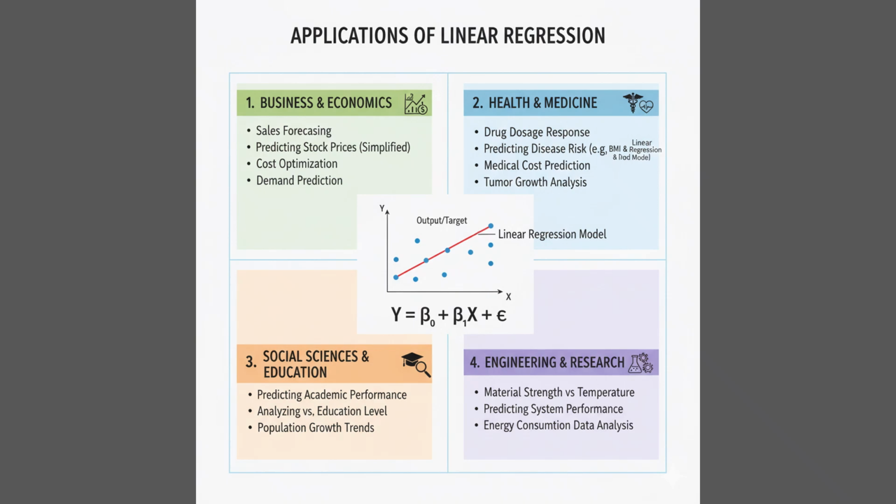It is also used in social sciences to predict academic performance or population growth. Engineering as well, so there are various industries where it is used, to test material strength versus temperature and a few more.